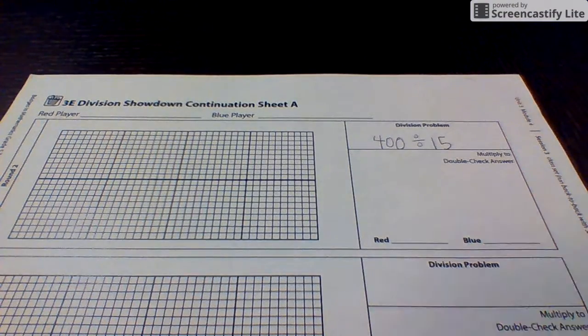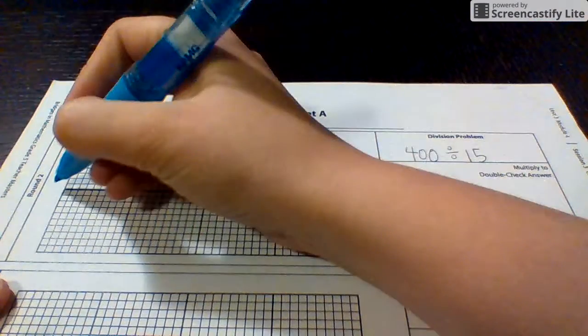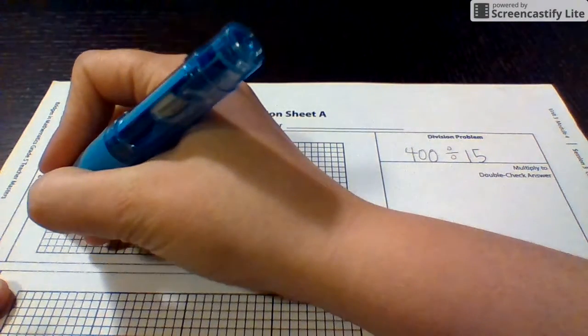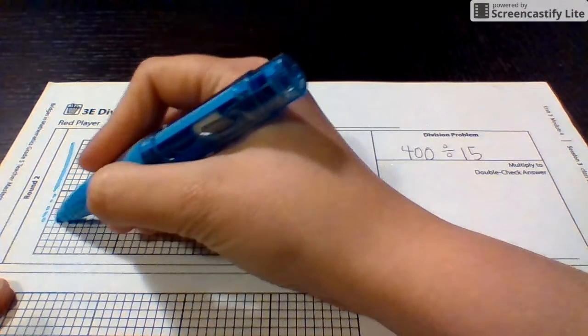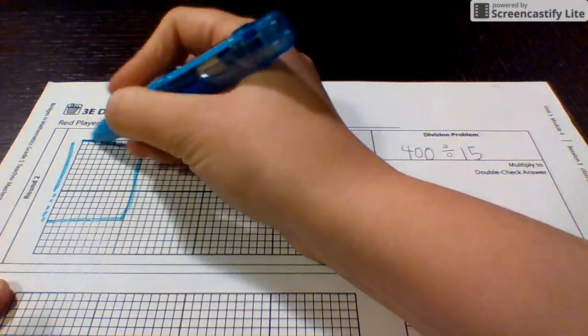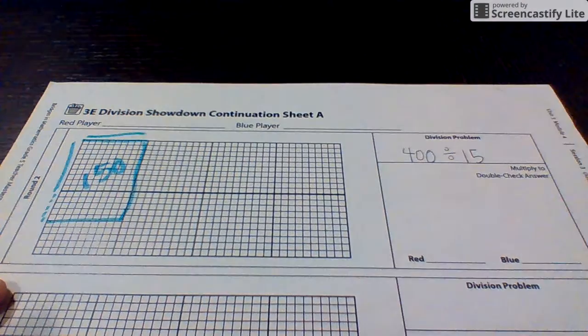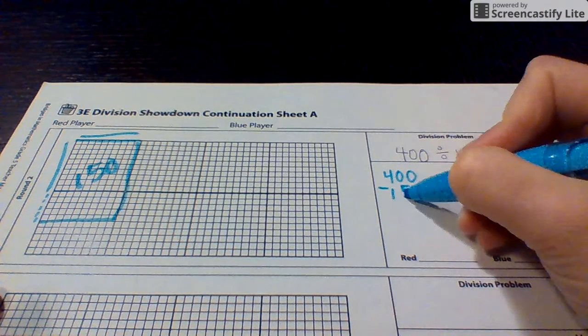Blue player gets to go first. They're going to put the divisor down the side. So I put my 15, 10, 11, 12, 13, 14, 15 down the side. And I'm going to do my first group of 10, which is 150. Put my 10 bar up top. Then I have 400 minus 150.